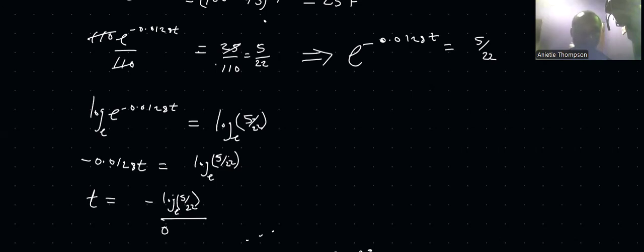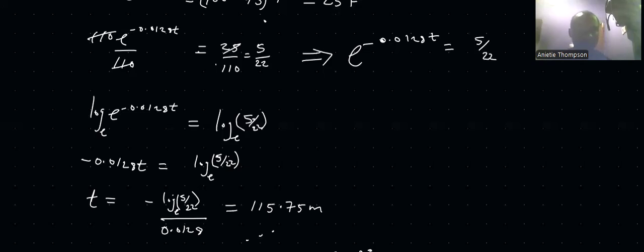If you do that, what you have there is 115.75 minutes. So that is approximately the time at which the temperature of the object will be precisely equal to 100 degrees Fahrenheit.